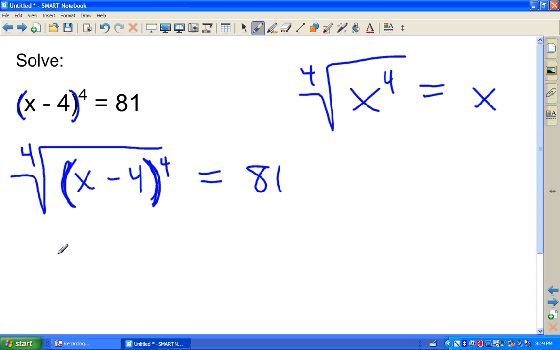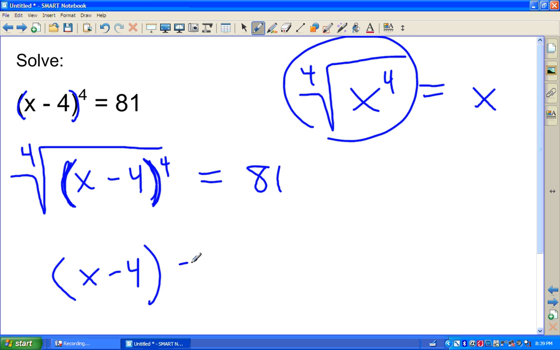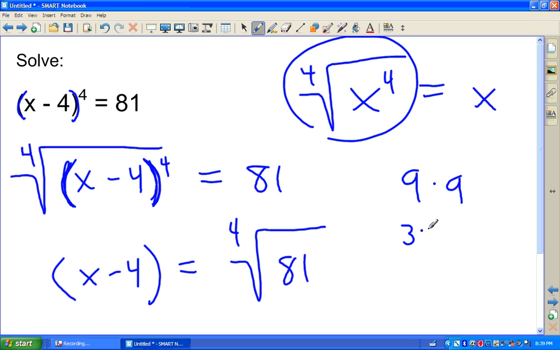Just take the 4th root, and what should come out, just like up here, is just x minus 4. Now, if I take the 4th root of 81, maybe there's something inside of there that is a perfect power of 4. I know 81 is 9 times 9, but 9 is really 3 times 3. Guess what? That's 81.